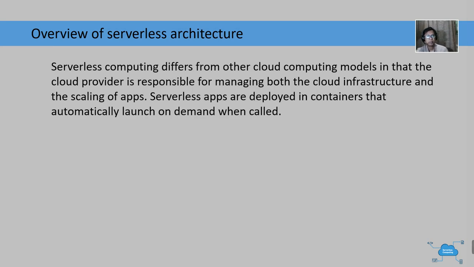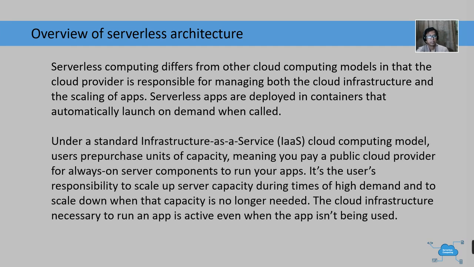Serverless computing differs from other cloud computing models in that the cloud provider is responsible for managing both the cloud infrastructure and the scaling of apps. Serverless apps are deployed in containers that automatically launch on demand when called. Under a standard infrastructure as a service, or IaaS, cloud computing model, users pre-purchase units of capacity, meaning you pay a public cloud provider for always-on server components to run your apps.